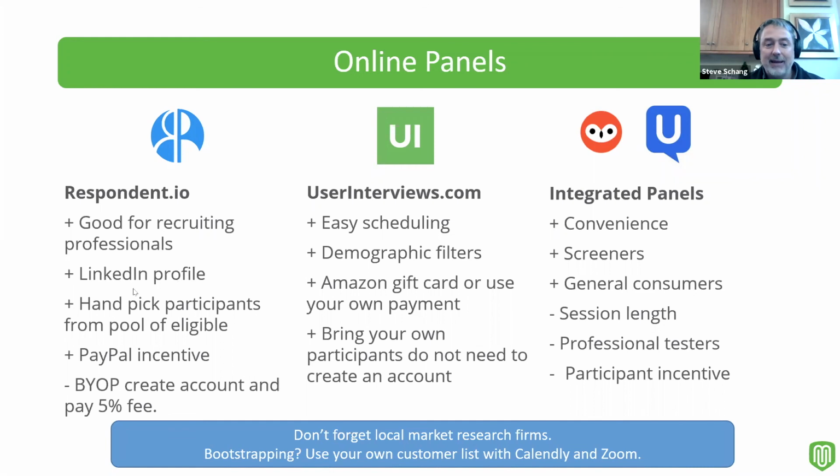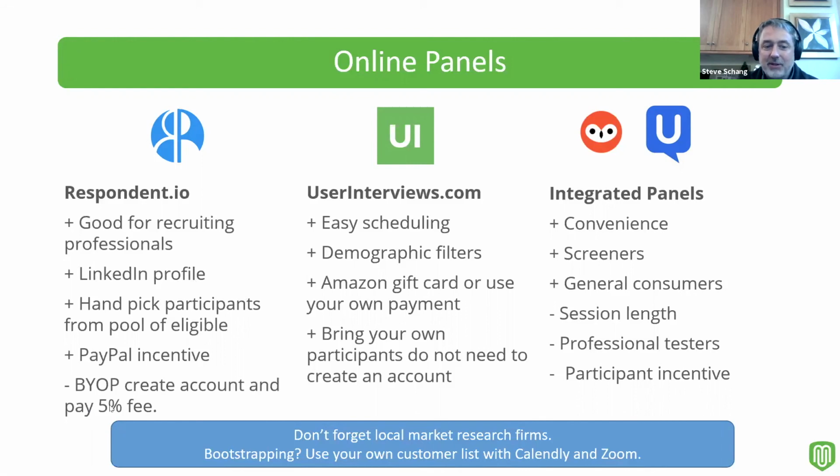The other thing is they link their people who sign up in their panel to their LinkedIn profile. So if you're recruiting B2B type users, or you need to recruit stockbrokers, you can do that because you can look at their LinkedIn profile and verify who their current employer is. And then they pay with PayPal.